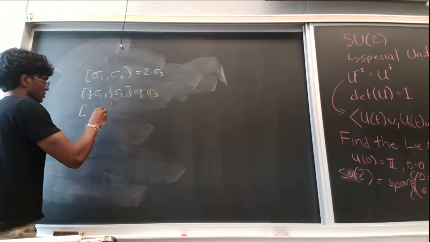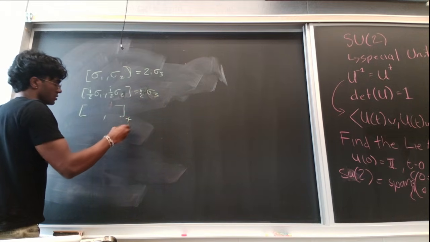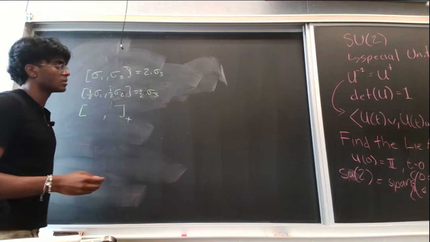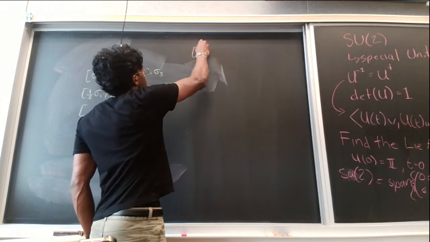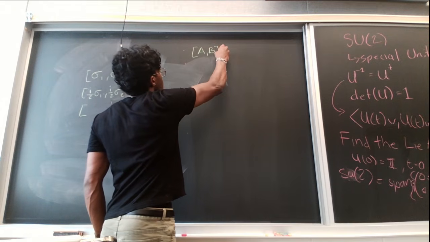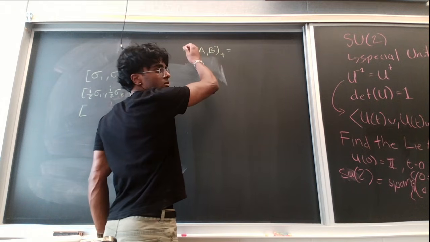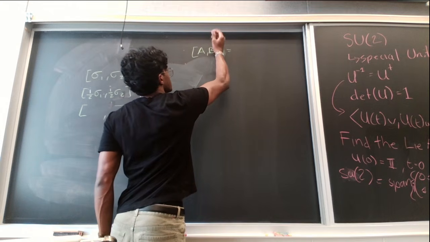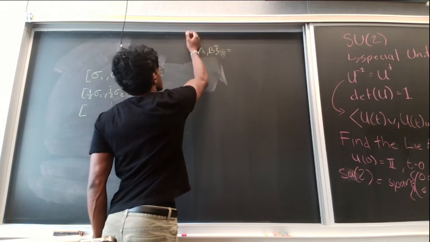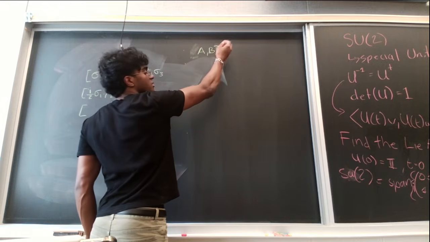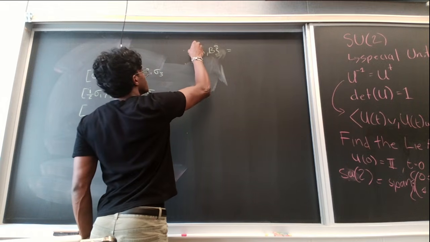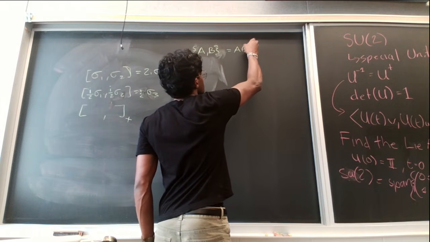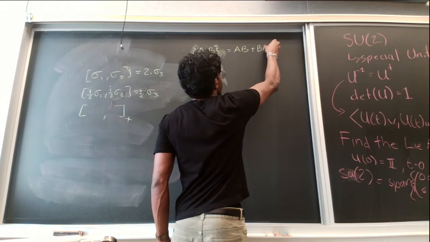But there's also the anti-commutator, where you just add in the middle instead of subtracting. So write down the definition somewhere. Usually for the commutator, people use square brackets, and for the anti-commutator, people use curly brackets.